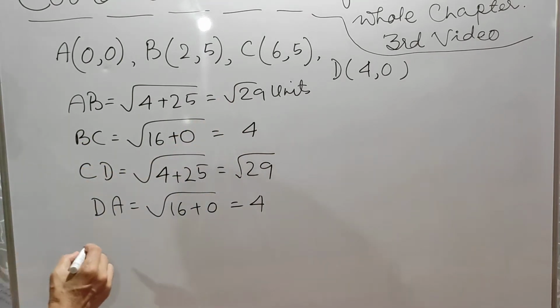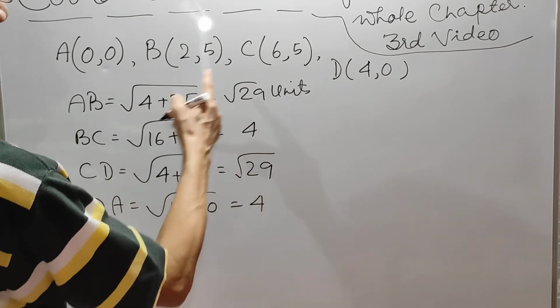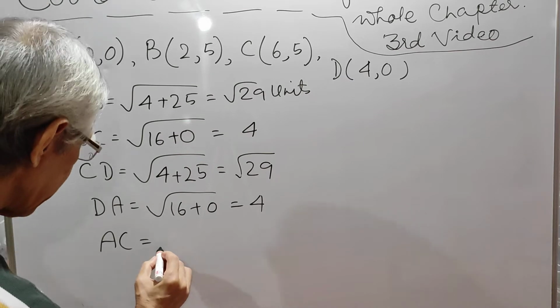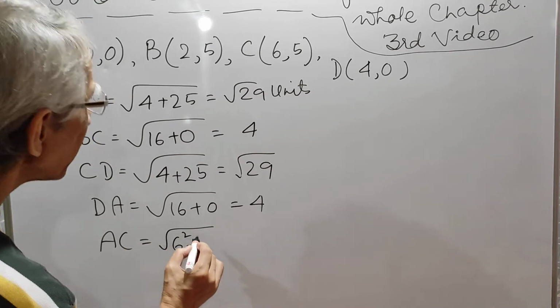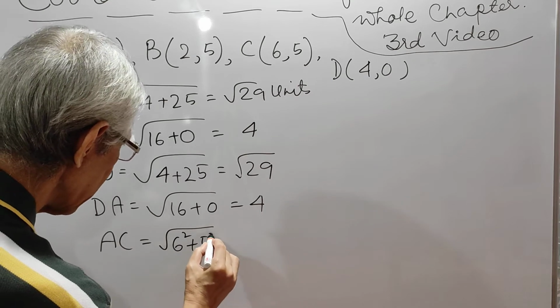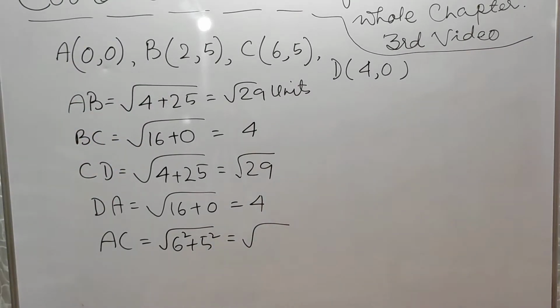All right. Now the two diagonals. AC, what is AC? It is the root of 6 squared plus 5 squared, that means 6 squared is 36 plus 25.